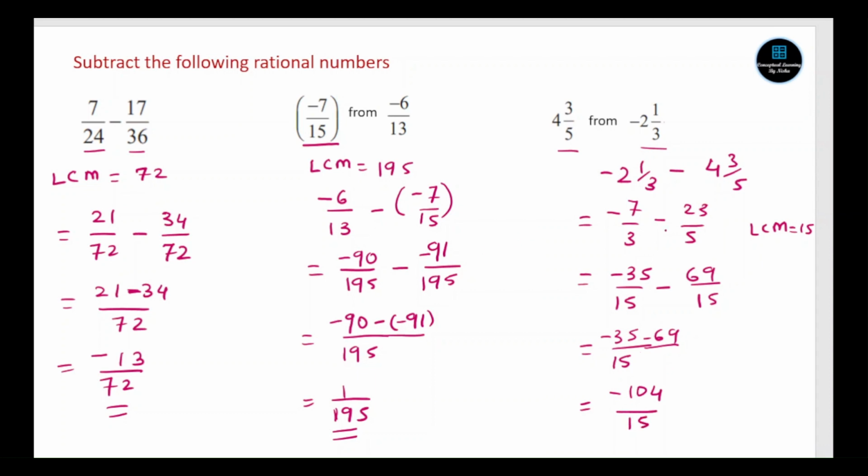You can convert your answer into mixed fraction form. So negative sign will be there. Now 15 6s are 90, okay, and the remainder is 14. So this is my answer, right? Okay.